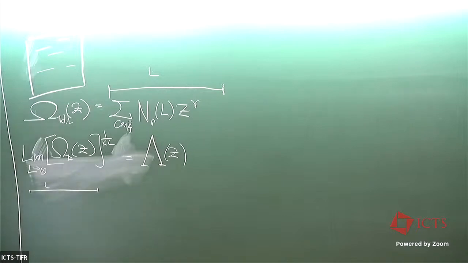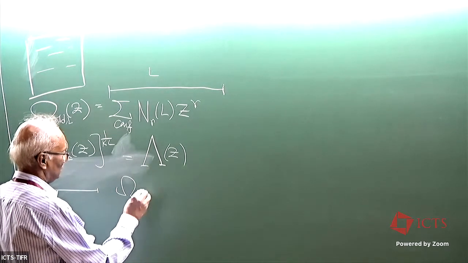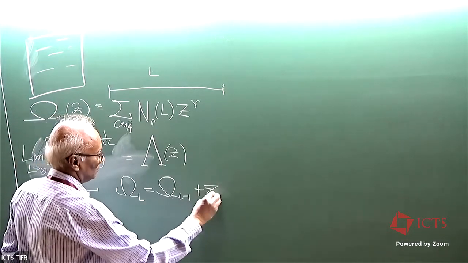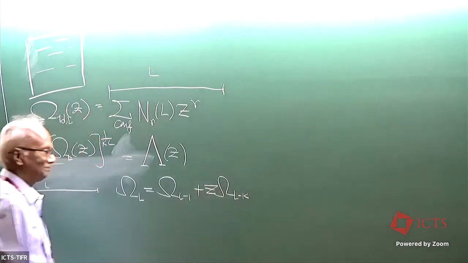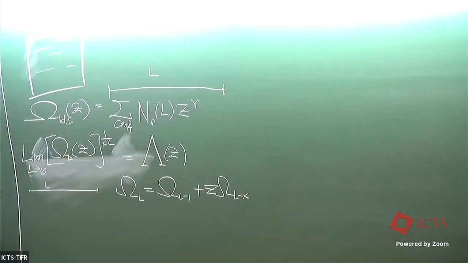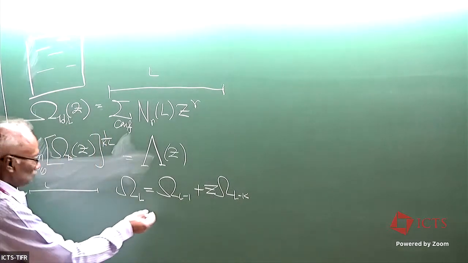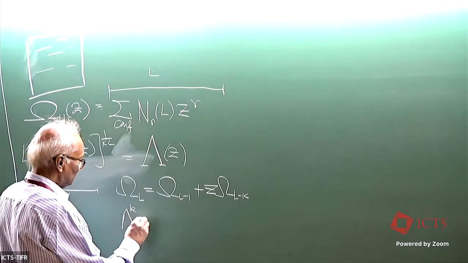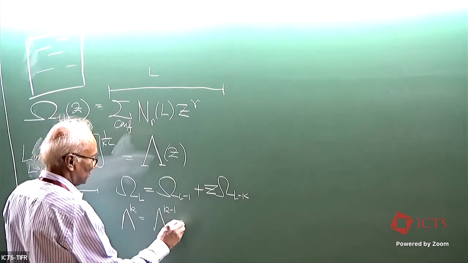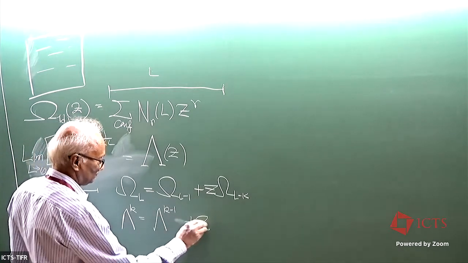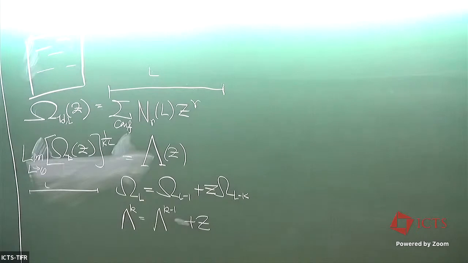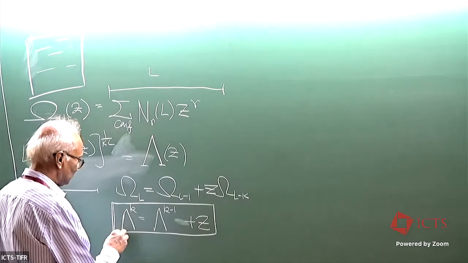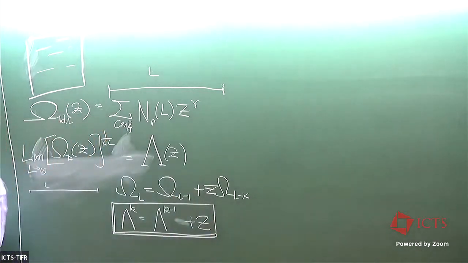So you get that omega L is equal to omega L minus 1 plus z omega L minus K, which is very similar to the other recursion we wrote. And so lambda to the power K is equal to lambda to the power K minus 1 plus z. And this then determines the partition function per site for the fully ordered case.